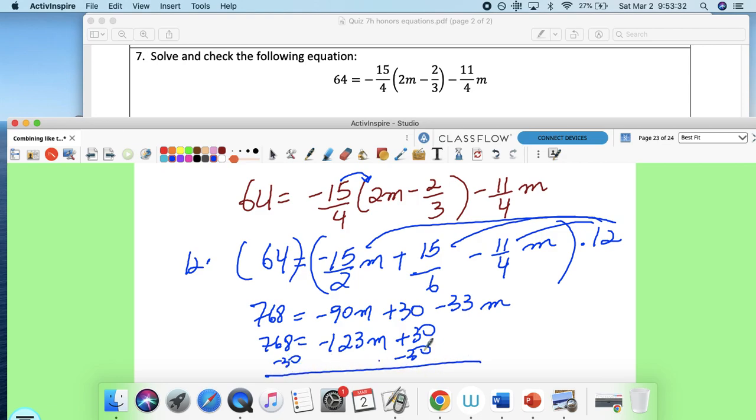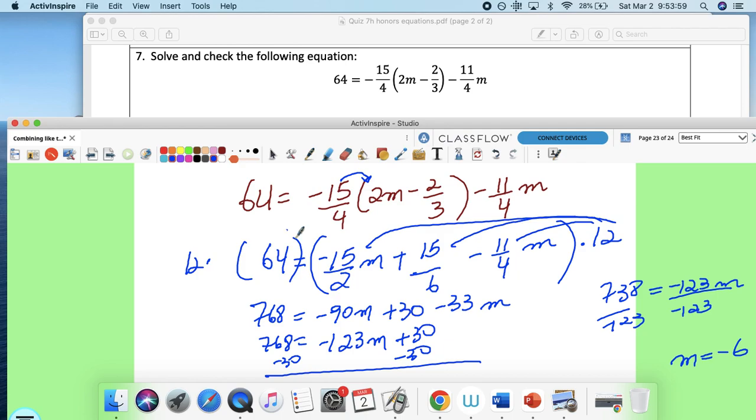I'm going to push it over here, negative 123m. And over here we're going to get 738. Divide both sides by negative 123. 738 divided by negative 123 equals 6. m equals negative 6. Now I gotta go back.